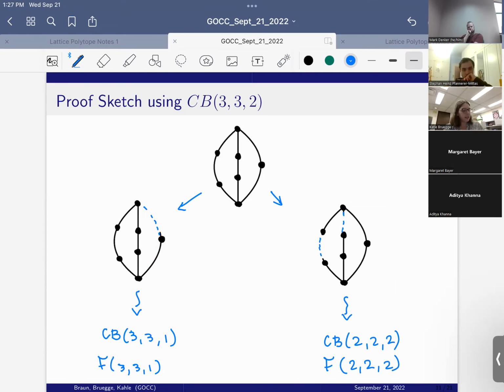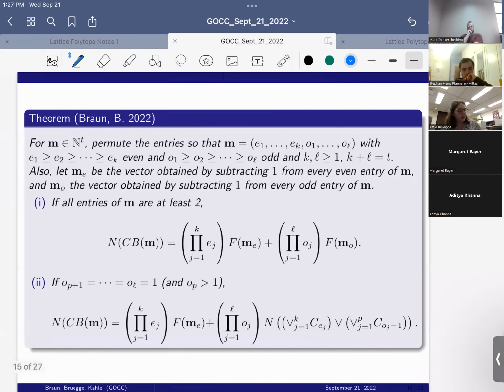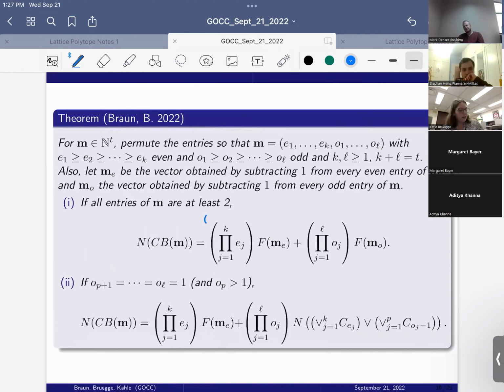So these formulas that we had on the previous page, these products are counting all of the ways that we can choose which edges along even paths to cut. And once we have cut those even edges on those paths, this is the number of facets we get.